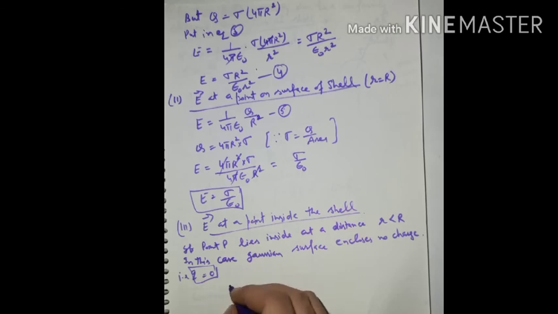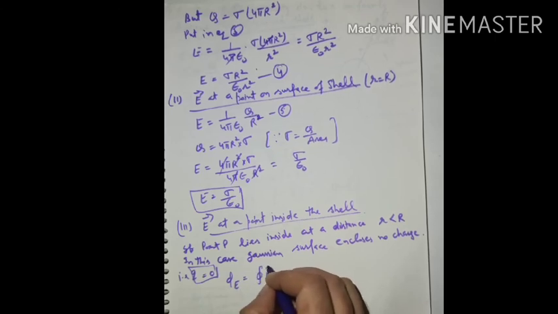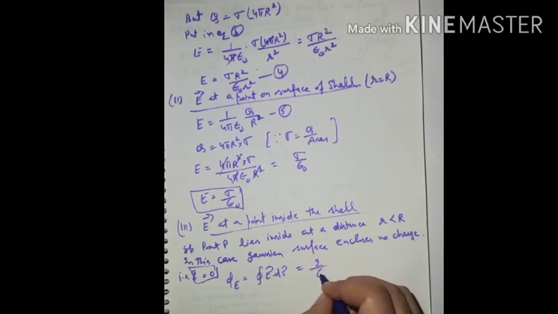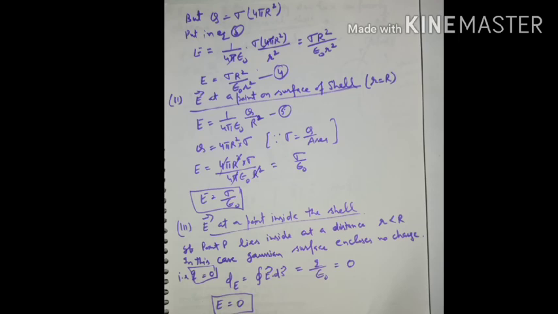If charge is 0, then the total flux phi E, which is equal to the integration over the closed surface S, by Gauss law Q by epsilon naught, is equal to 0. If this is equal to 0, then the electric field is also equal to 0 in this case. So electric field intensity at all points inside the uniformly charged shell is 0.